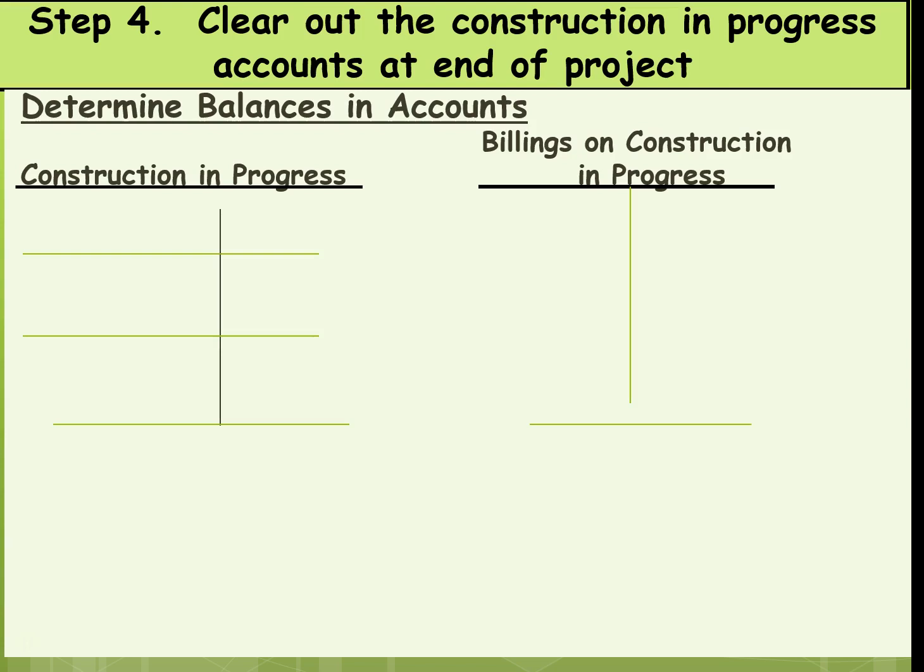Now, construction in process, remember, is a current asset account, and when you want to know about net billings, you're always going to subtract these two. So, in 2018, construction in progress is 405 and billings is 270. So in this case, we have construction in process exceeds billings.